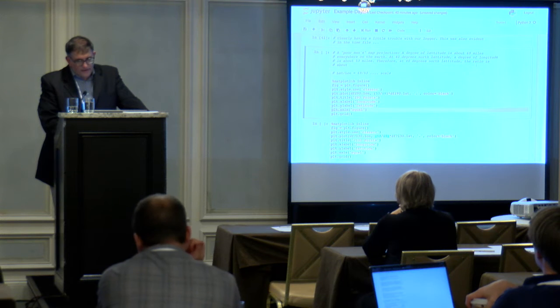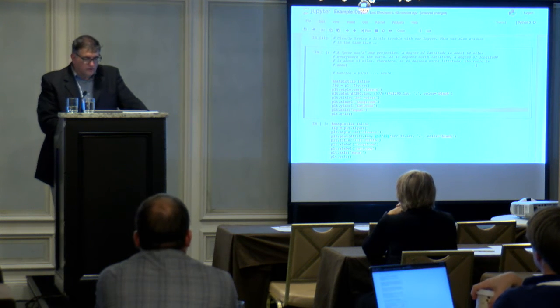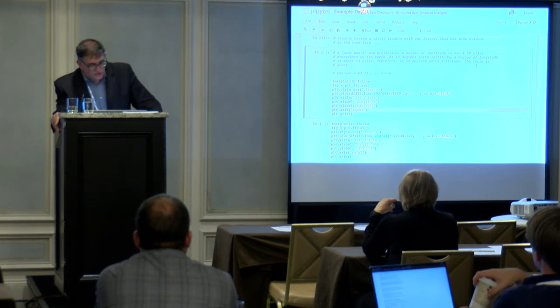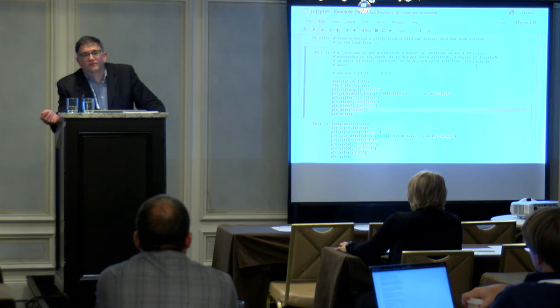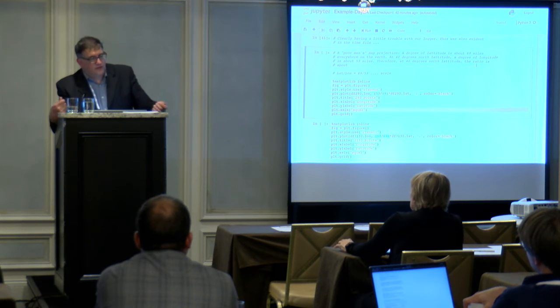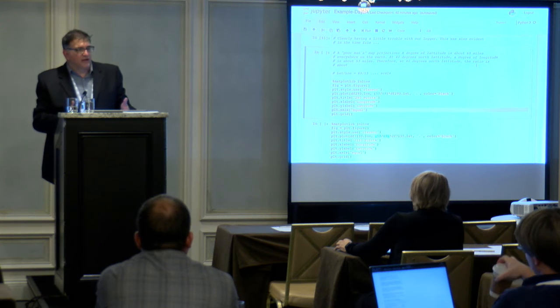A degree of latitude is about 69 miles everywhere on the Earth. At 40 degrees north latitude, a degree of longitude is about 53 miles. Therefore, at 40 degrees north latitude, that ratio is 69 over 53. Therefore, I can transform between lats and lons by that ratio factor, and I can get a better shape of the field that I'm actually looking at.